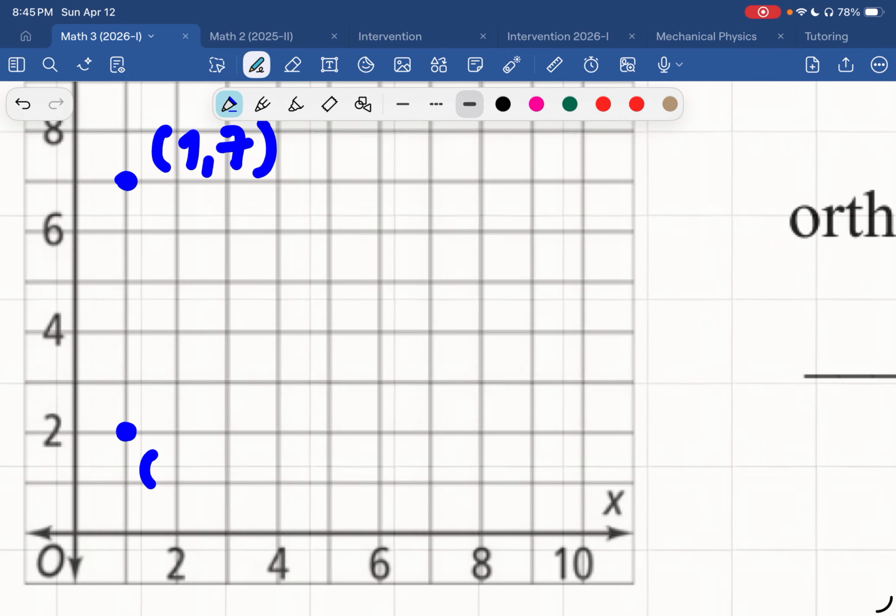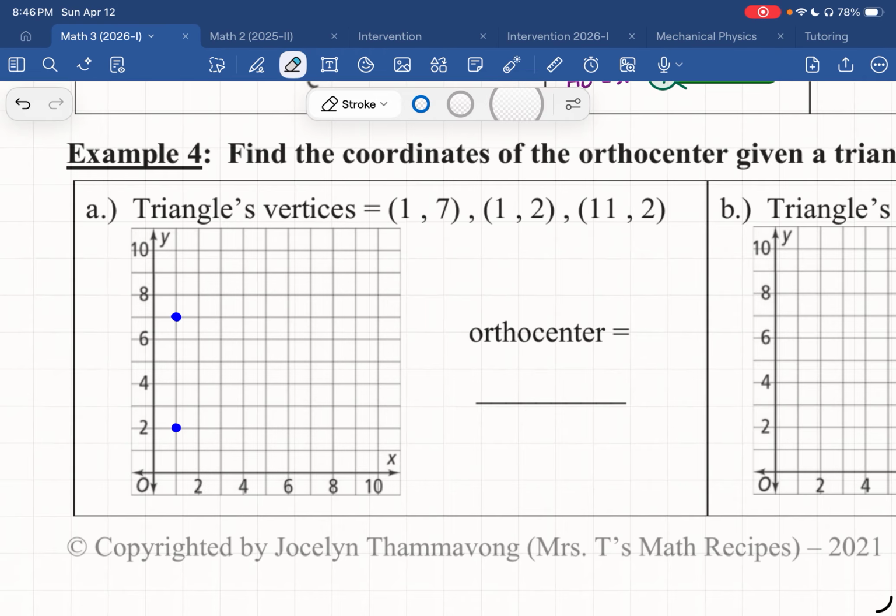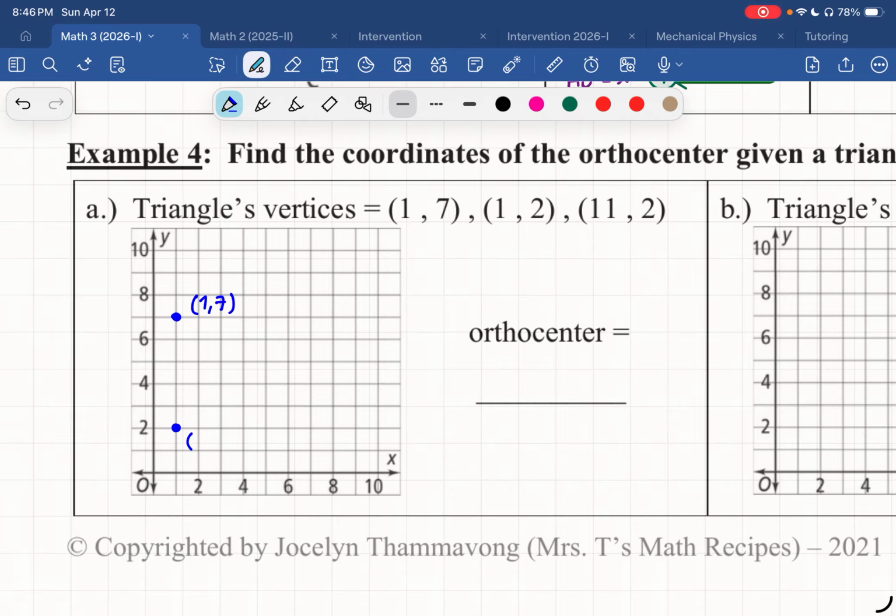So I'm going to say this is 1, 2. And the last one is 11, 2.